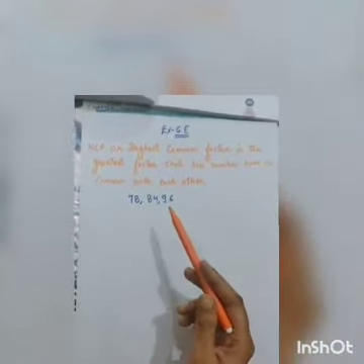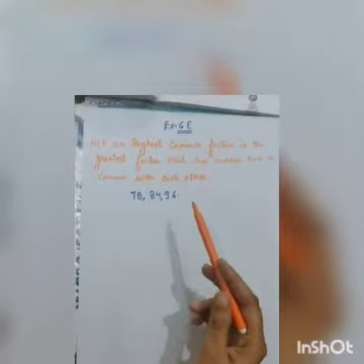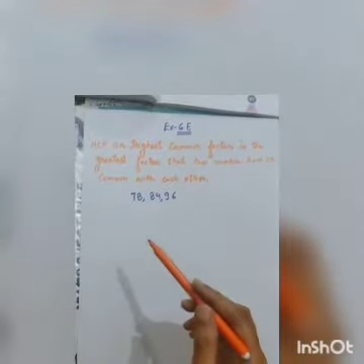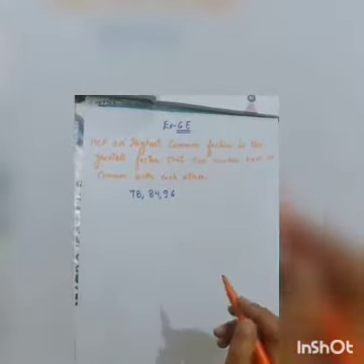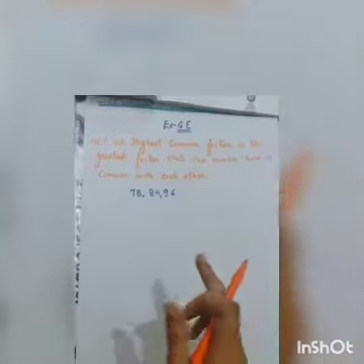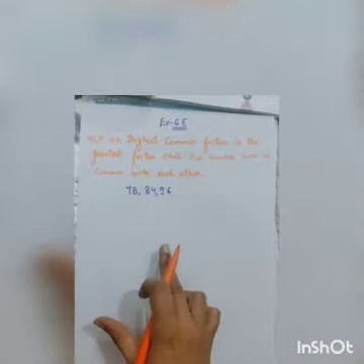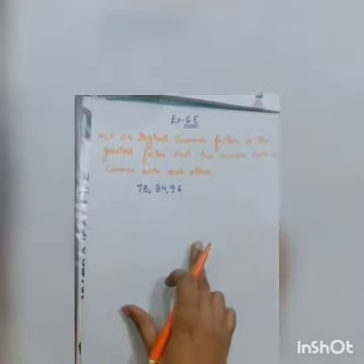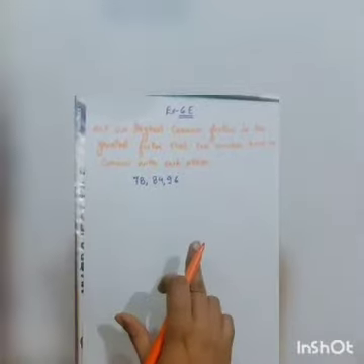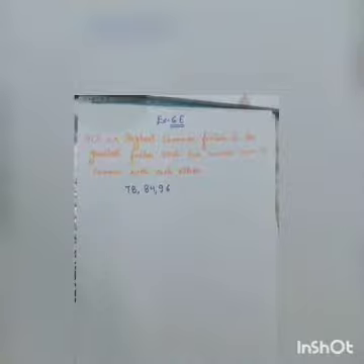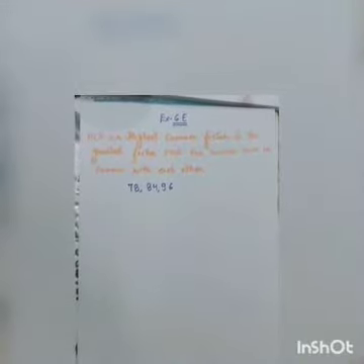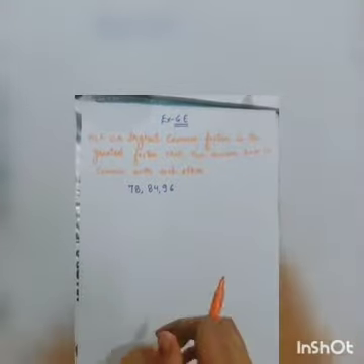So I can find the factors of all three numbers, and then the common factors, and then the highest common factor. But that would take a lot of time because we have three numbers.